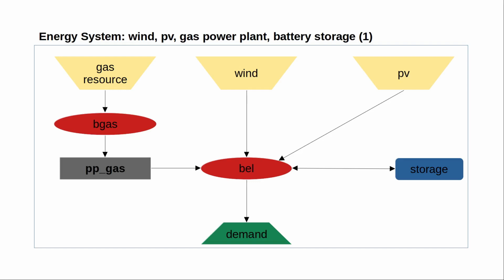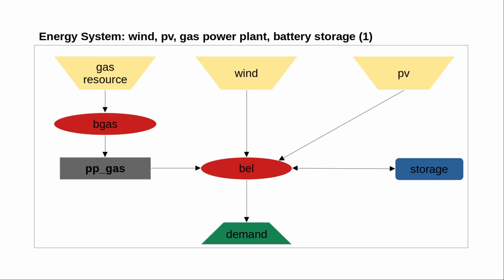On top of that, we have a storage component, which is in this case an electric battery or some sort of electric storage, which is fed with electricity and is returning electricity. And we have one sink, basically, which is our demand sink.